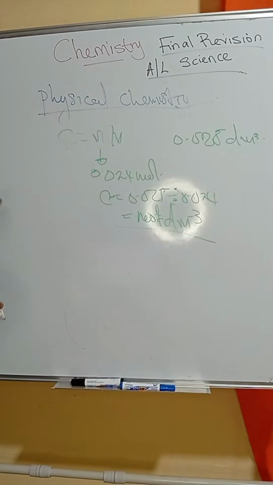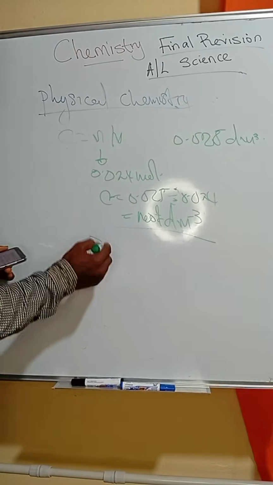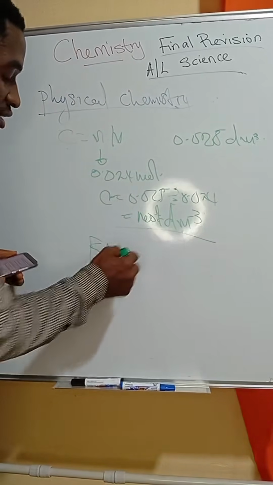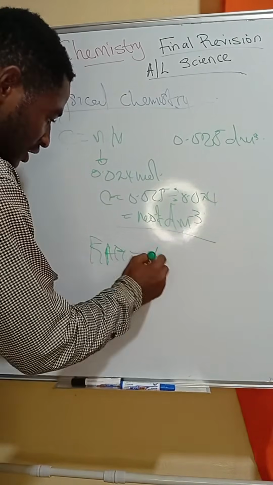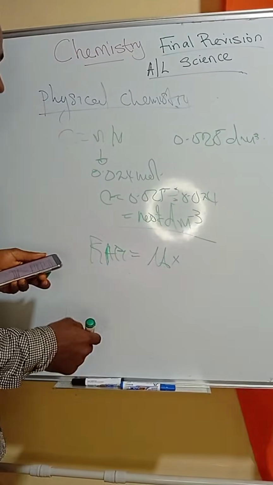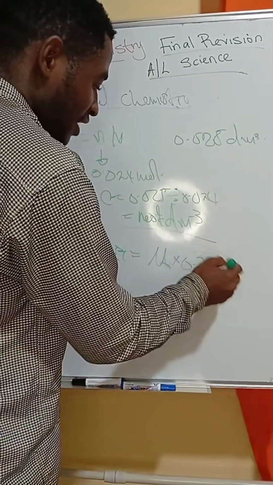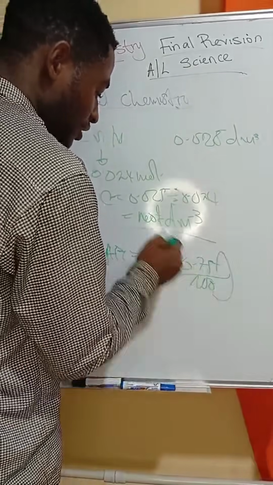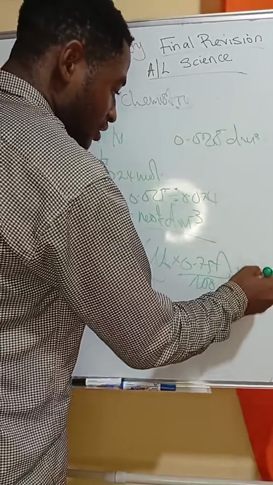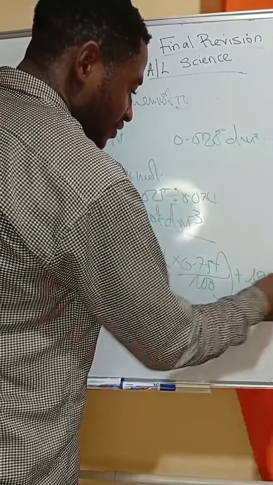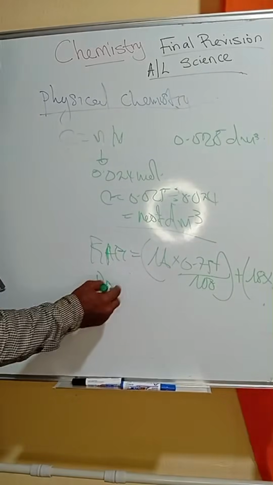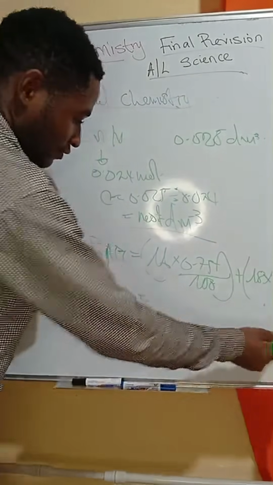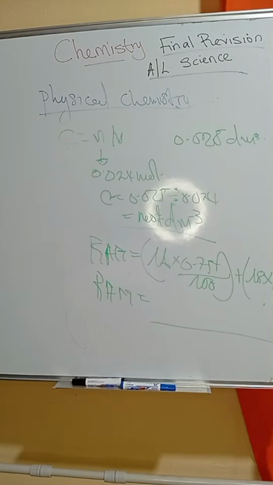The RAM is 16 times 0.75 divided by 100 plus 18 times 0.25 divided by 100, which will give us the RAM of that composition.